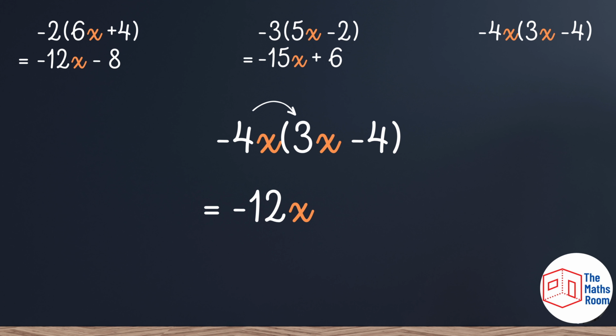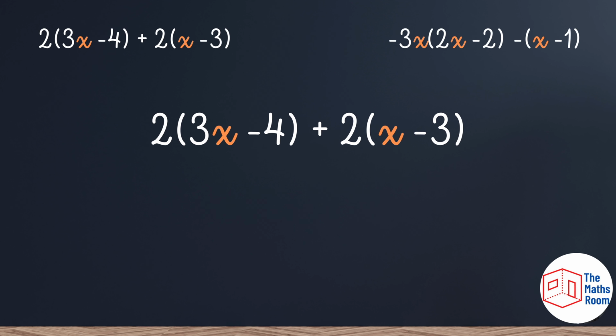So I'm multiplying 3x by x, and we know that x times x is x squared. And then we do the same in the second term, but now once again, negative times a negative is a positive, and it's 4 times 4, so that's 16. And don't forget about the x.